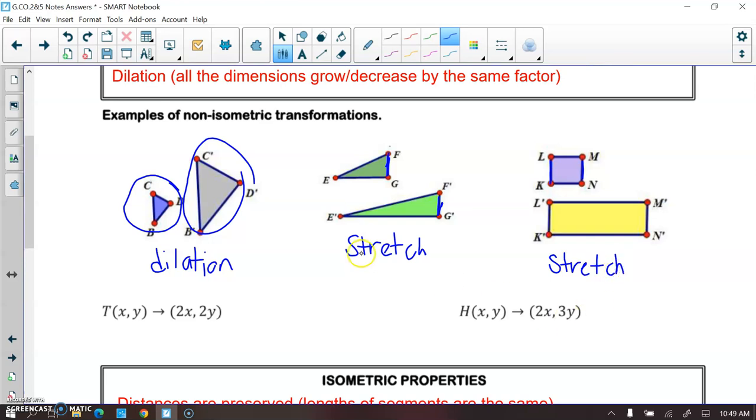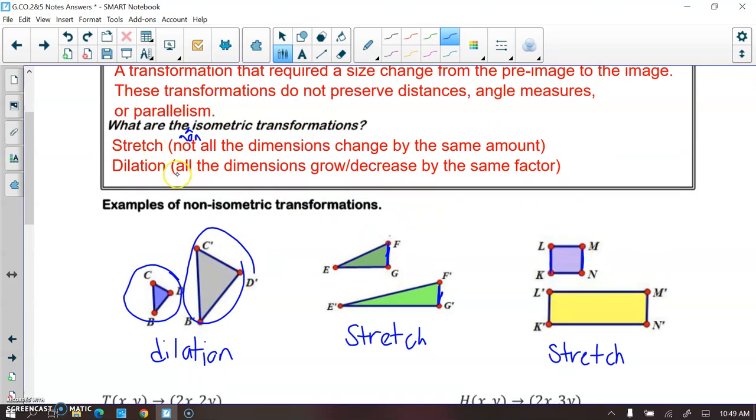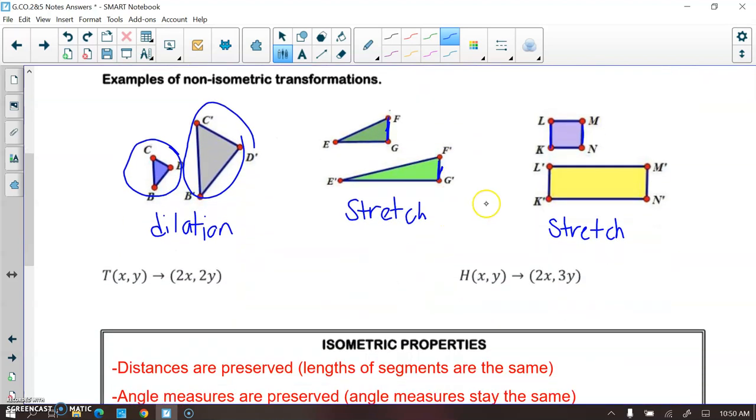Now, when I say that all dimensions grow or decrease by the same factor, that is when you're multiplying both your x and y value by the same number. So if you see in your mapping notation rule that both x and y are being multiplied by the same exact thing, then that would be an example of a dilation. And if they're being multiplied by a different factor, then that would be an example of a stretch.